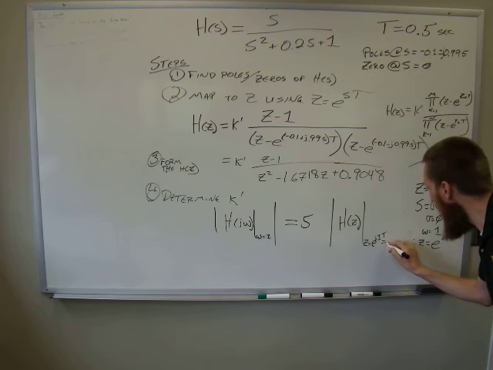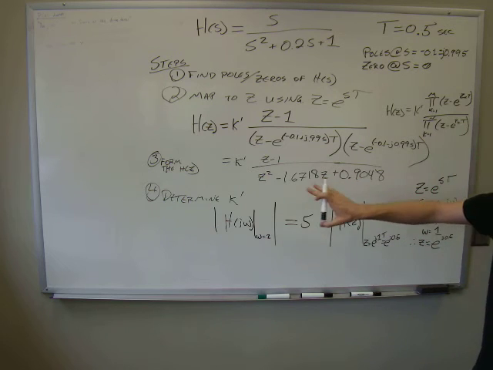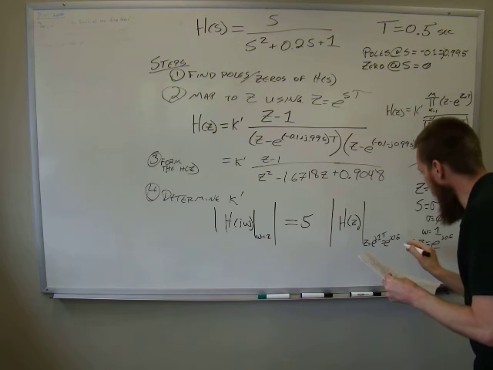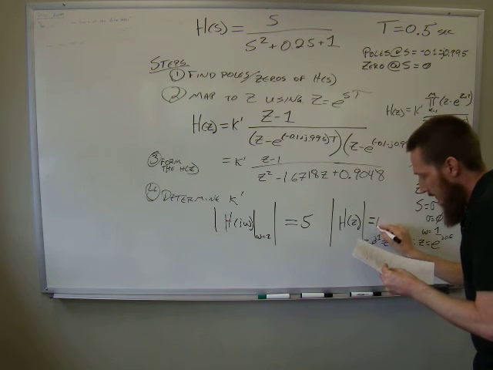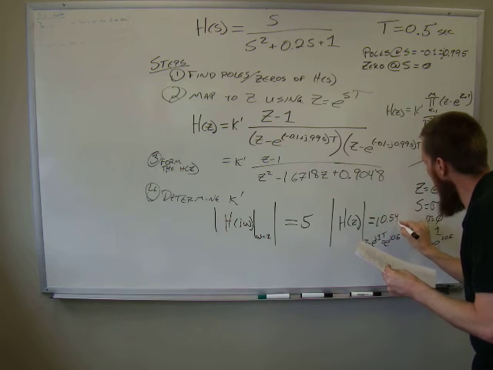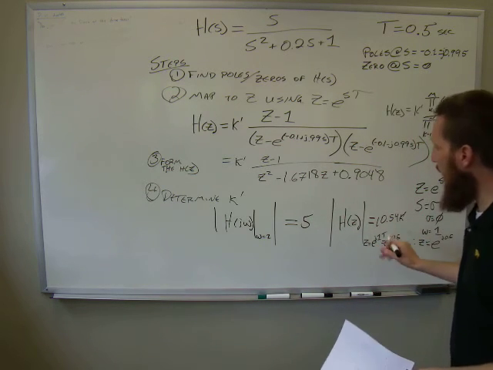Alright, anyways, if we plug in z is equal to e to the j 1t, which is equal to e to the j 0.5, and we plug that into this, we get that it is equal to 10.54 k prime. We want these things to match, so we just set them equal to each other.